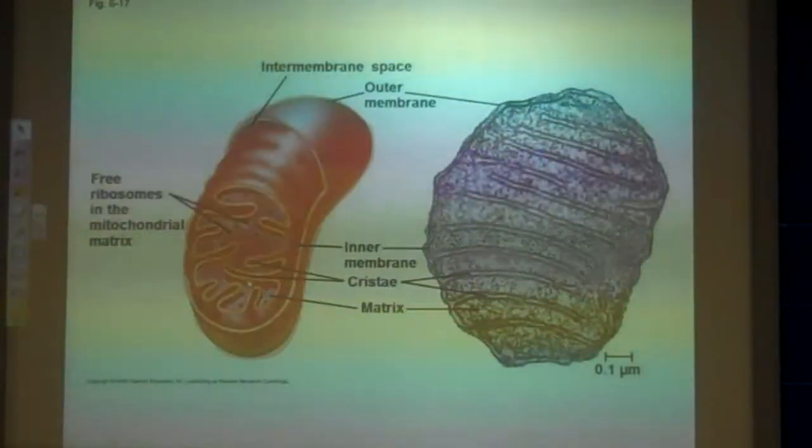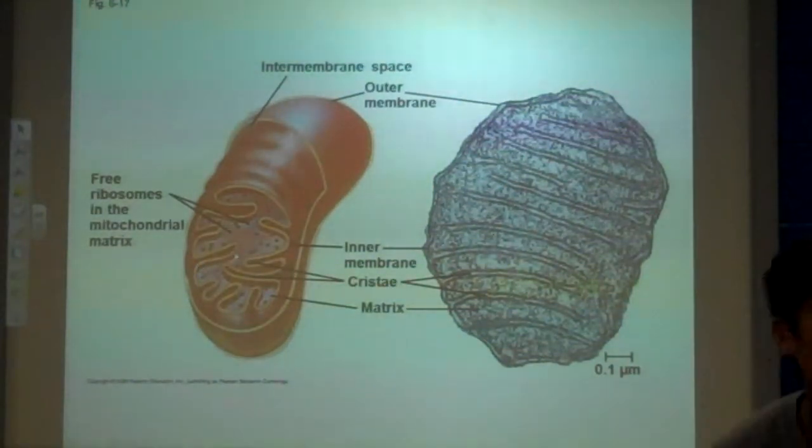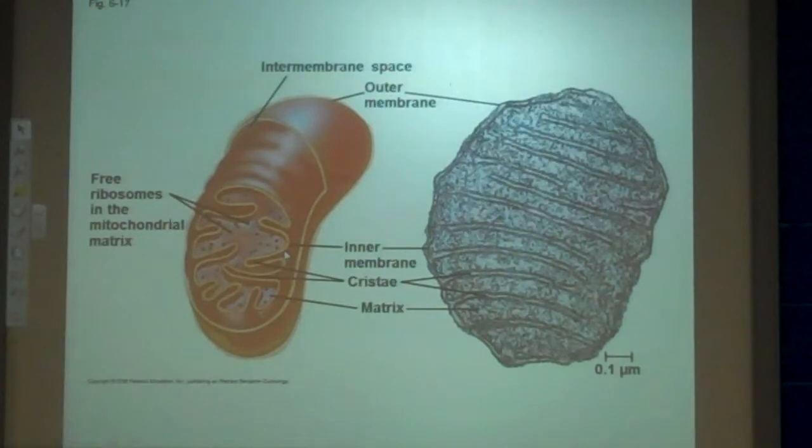The enfoldings are called cristae. The inside part is called the mitochondrial matrix. And then the area in between the outside membrane and the inside membrane is called the intermembrane space, because inter means between.